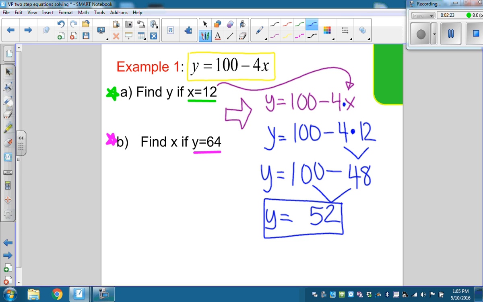So now for part B, we're going to copy the equation again. Y equals 100 minus 4x.